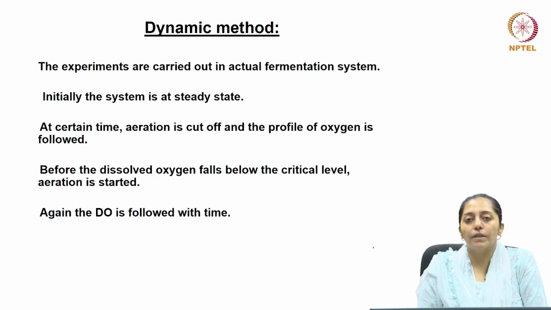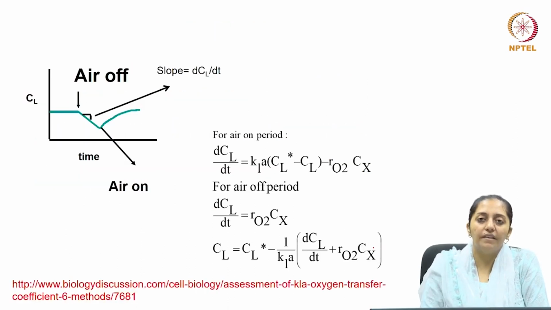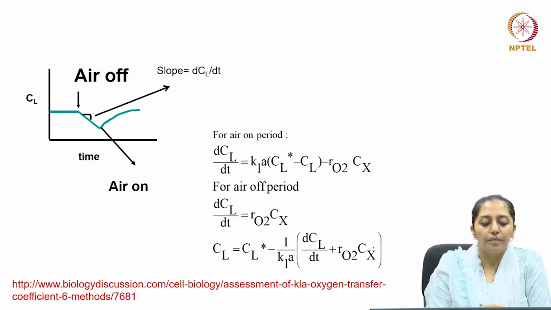Now, before the dissolved oxygen level falls below the critical oxygen, the air is sparged in again, and the concentration of oxygen with respect to time is further noted till it reaches the steady state again. As shown on the slide here is the trend generally observed for Cl versus time.